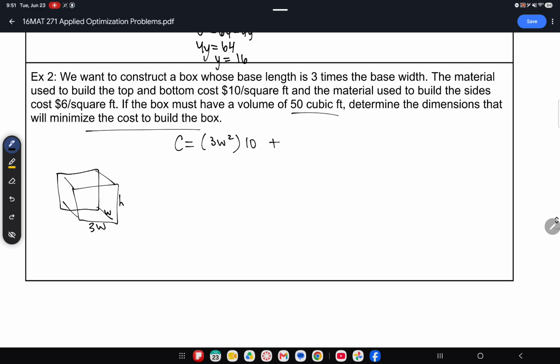All right, so 2 of the sides are 3WH, right? And then the other 2 sides are WH.